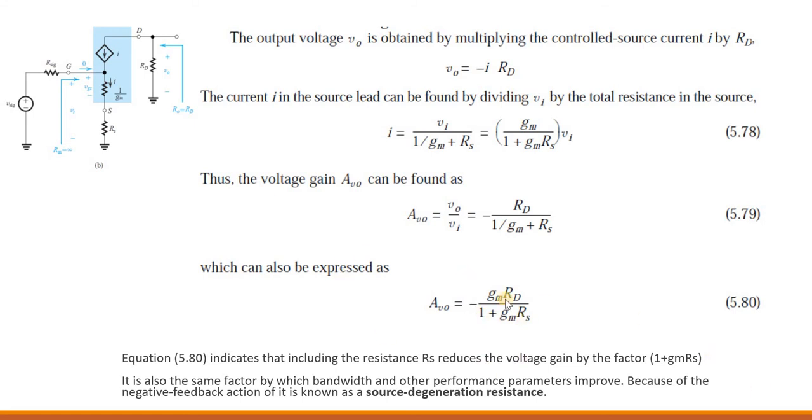That is why this resistance is called the source degeneration resistance. It is also the same factor by which the bandwidth and other performance parameters improve, because of its negative feedback action.